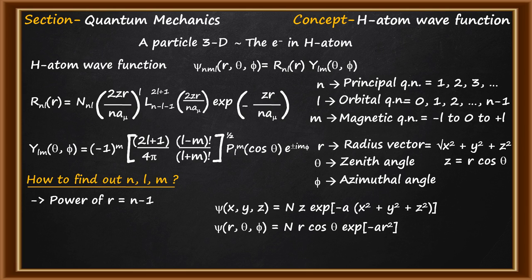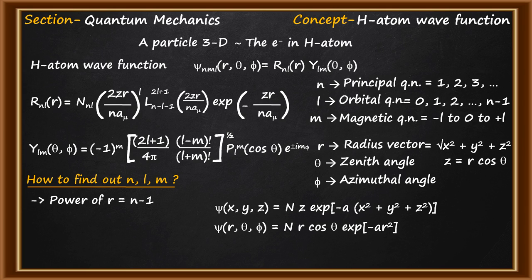Now in order to calculate L, you have to check the power of the cos theta or sin theta term, because the associated Legendre polynomial, for different values of L and M, has an expression of a combination of sin theta and cos theta terms. Either sin theta or cos theta, or a combination of sin theta and cos theta will be there.